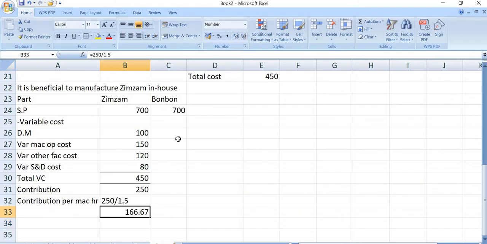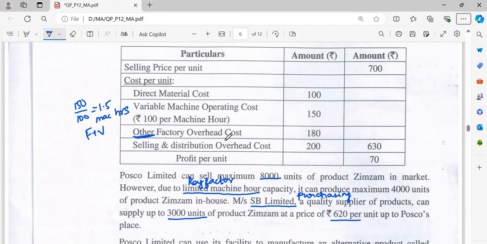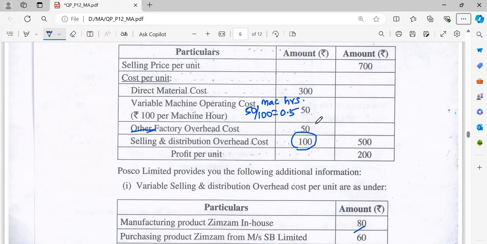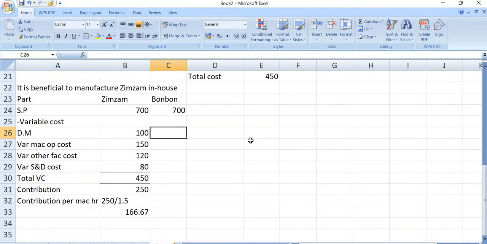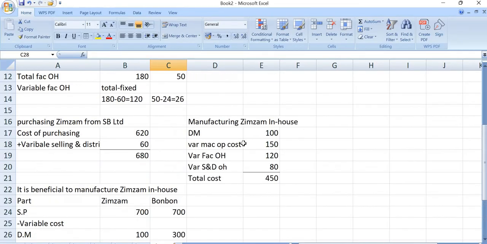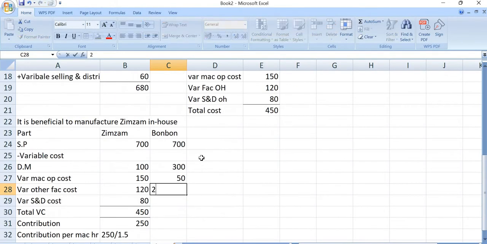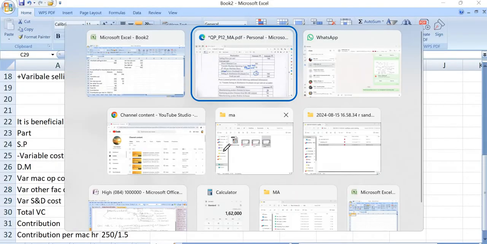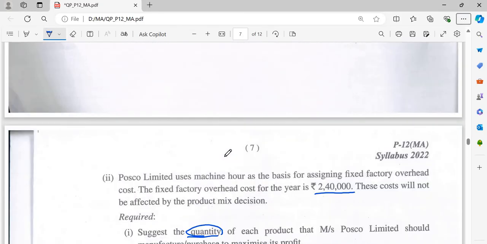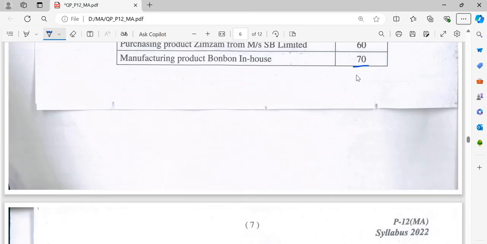Fine. In the same way I am going to calculate for bonbon. Bonbon direct material cost 300, variable machine operating cost 50, so 350. Variable other factory cost we have calculated as 26. Variable selling and distribution cost 70.